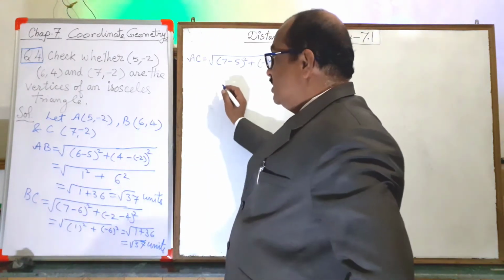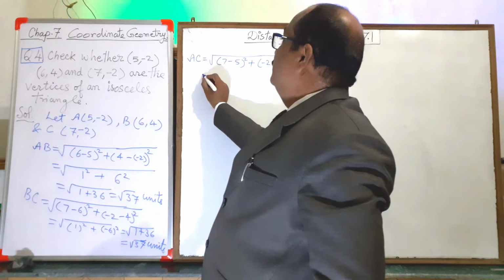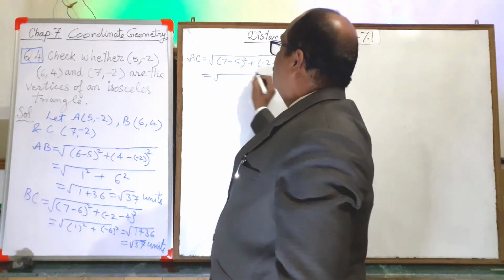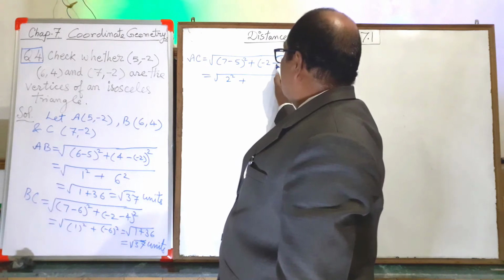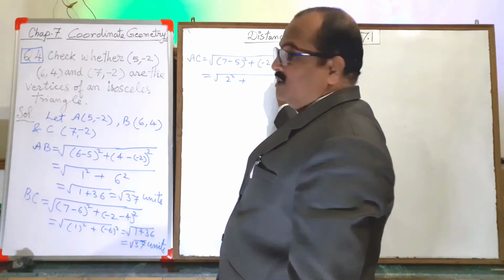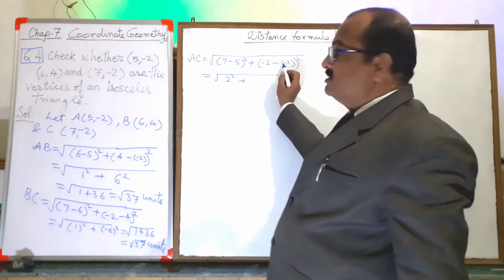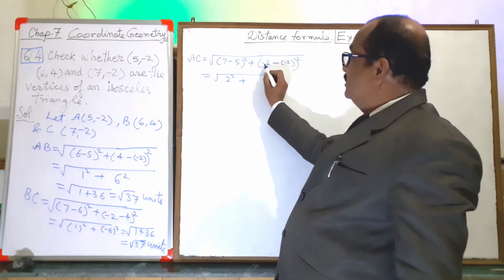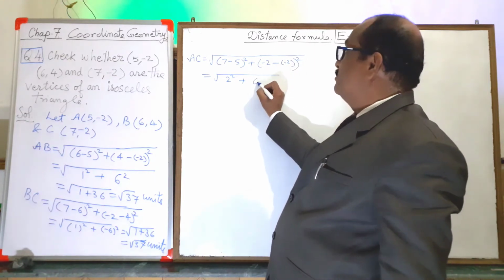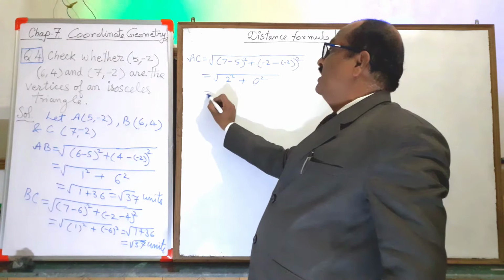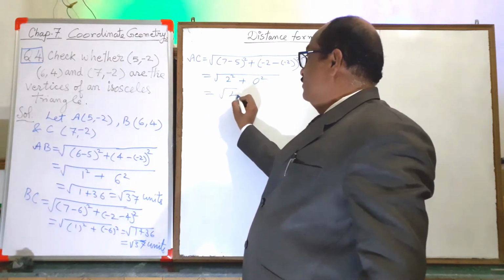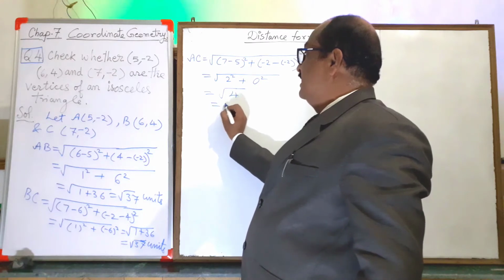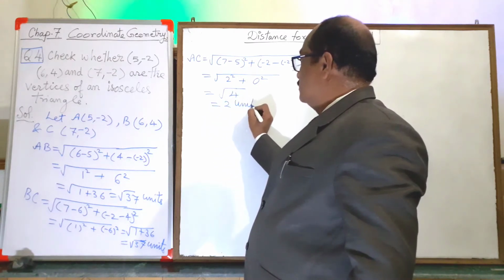Now check how much it is coming. It is coming 2 square plus 0 square, and if you take under root 4 plus 0, that is 2 units.